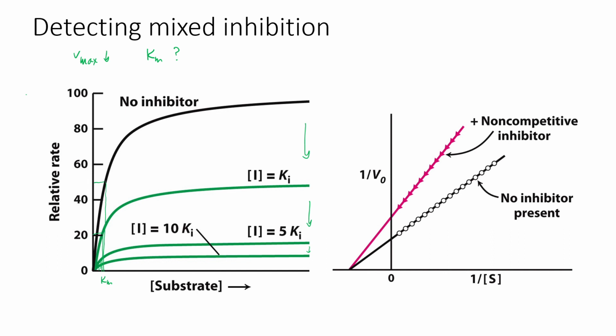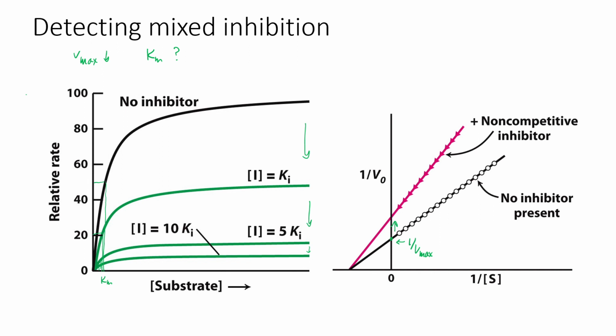So let's take a look now at our Lineweaver-Burk plot and the differences that we see there. Once again, our y-intercept in our Lineweaver-Burk plot is going to be 1 over Vmax. And we were just discussing how Vmax is going to decrease when we add our mixed inhibitor. And so that's going to make the 1 over Vmax go up, just like we see here when our inhibitor is added.